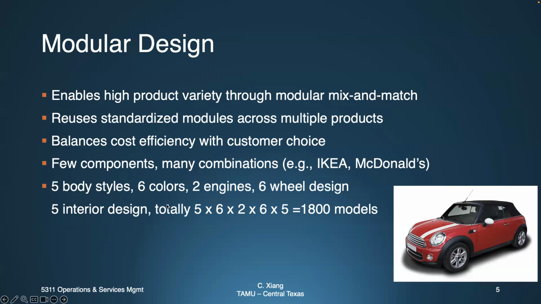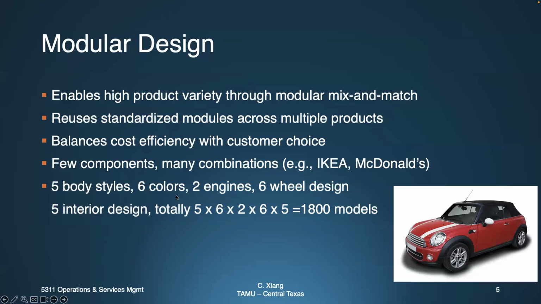To illustrate this with a more complex product, consider a car. Suppose a company offers 5 body styles, 6 colors, 2 engines, 6 wheel designs, and 5 interior options. In theory, this already creates 1,800 possible product configurations.